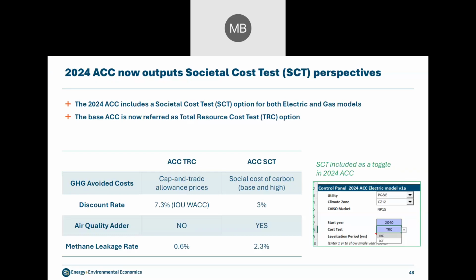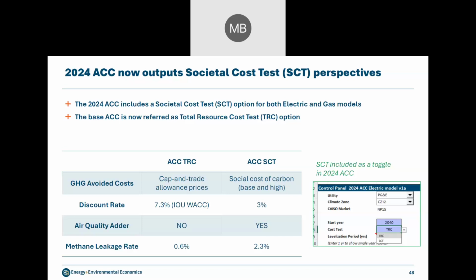In terms of the differences, the table at the bottom lists the major differences between TRC and SCT. Starting with the GHG avoided cost, the TRC uses the carbon trade allowance prices as the price floor, while the SCT uses the social cost of carbon coming out of the interagency working group on social cost of carbon.